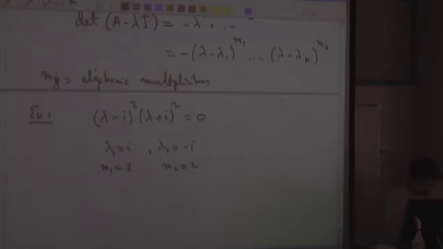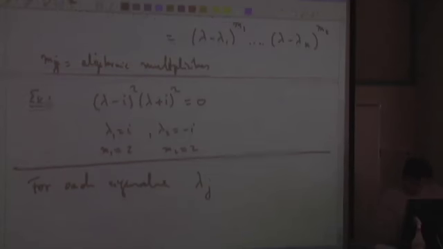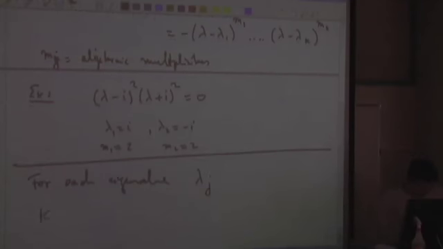And there's a lot more in that handout that I posted, but for each eigenvalue lambda j, for instance, let me define the following thing.